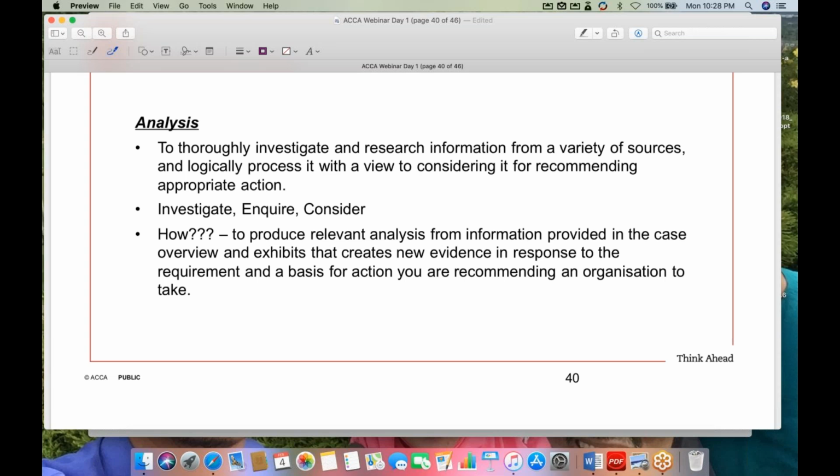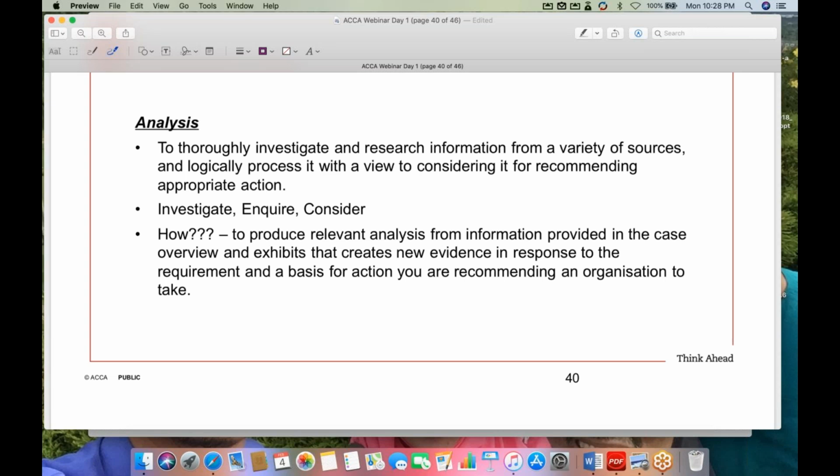That's where you need all your exhibits. Relevant exhibits from the questions that you need to actually look at, and you need to actually investigate and how you are able to actually do some relevant analysis from that particular information. All right.